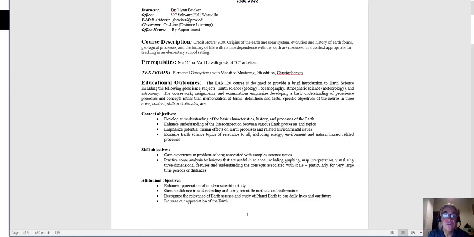Content objectives, develop an understanding of characteristics of the history and different processes of the Earth. So really it's a class about processes of the Earth. Okay, interconnection between the Earth and these processes. Human effects on Earth processes related to environmental issues, and also examining the Earth science topics of relevance, including energy, environmental, and natural hazards related to all these different processes.